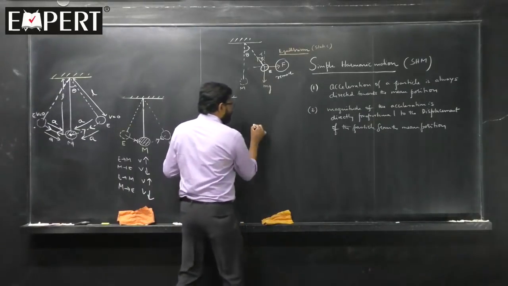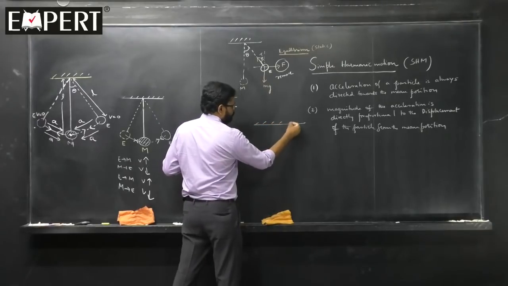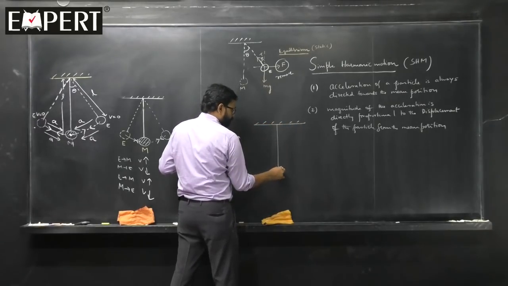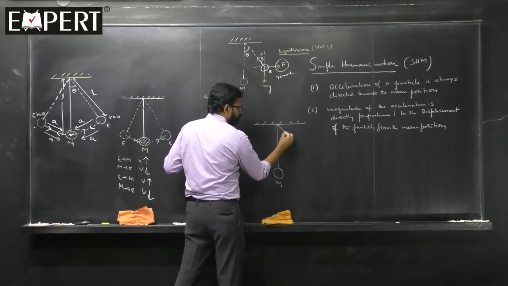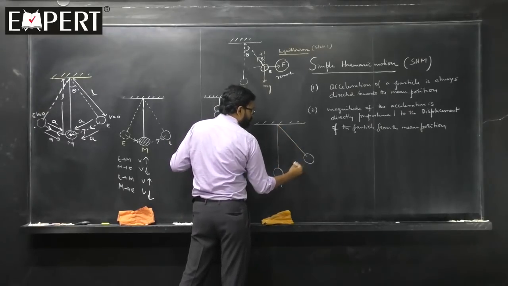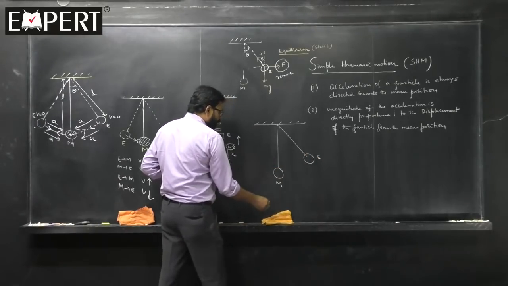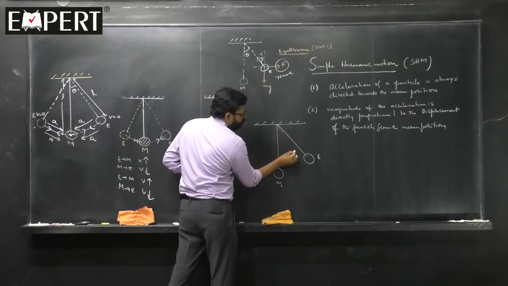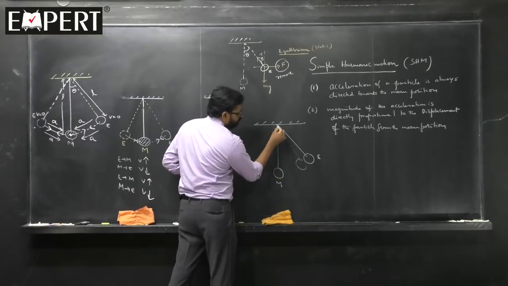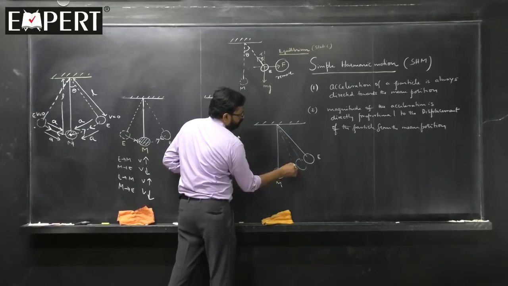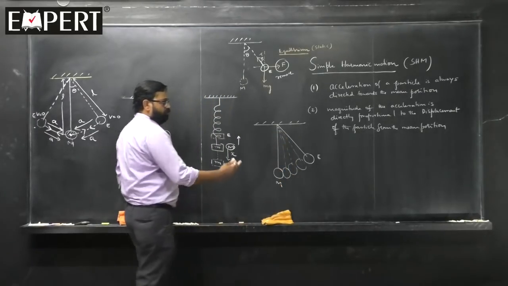To get more clarity, look at this. This is the mean position of the pendulum. You have taken a bob to an extreme position. When you leave the bob from the extreme position, it will occupy different positions. It is only one pendulum, different positions.